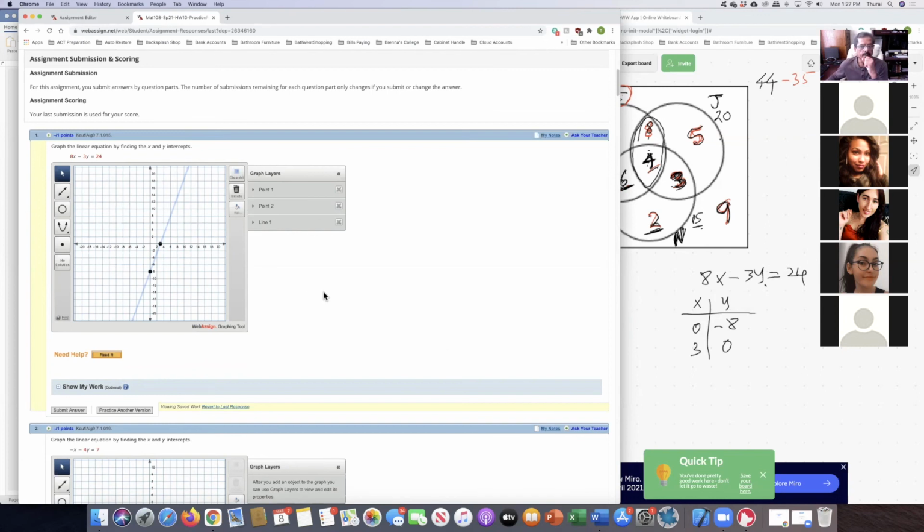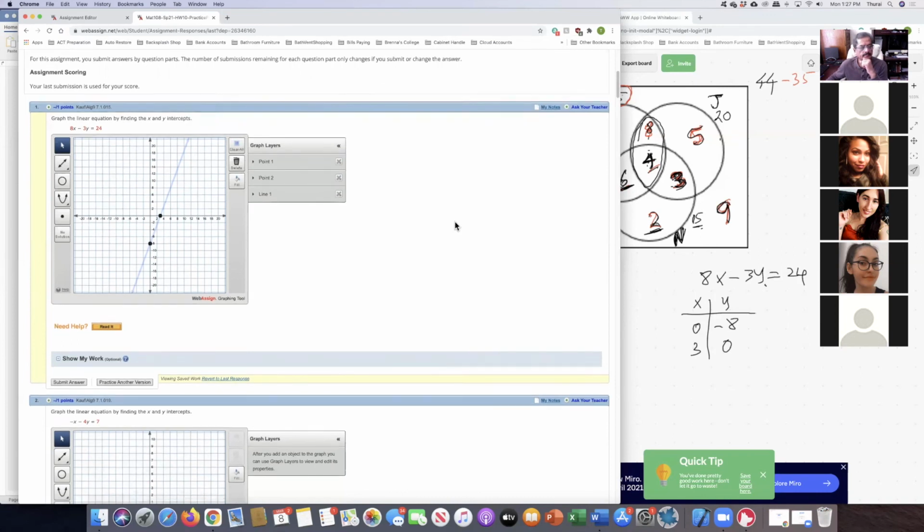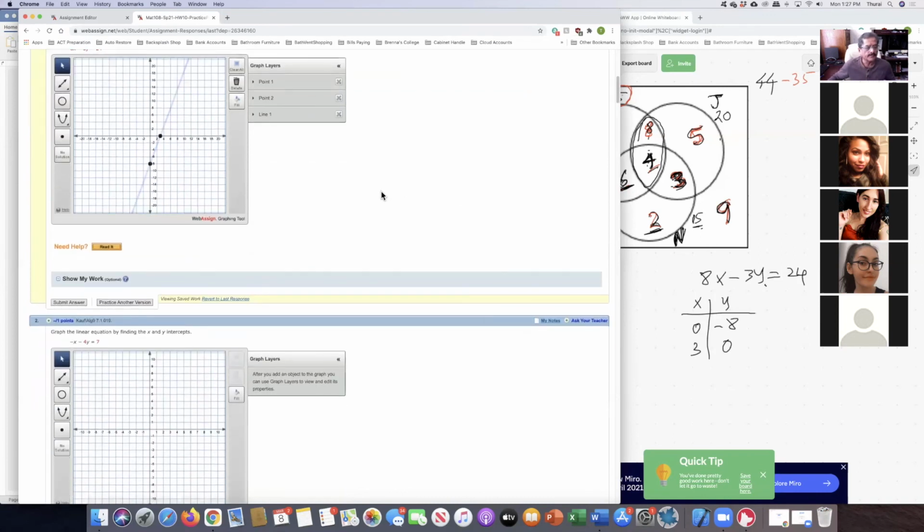How many questions are on the exam? 30. And we can't use our phone as a calculator, right? No, you cannot. You have to have a separate calculator. You need a scientific calculator because you need exponents in some questions, like the question you just saw, 8 to the power 7.